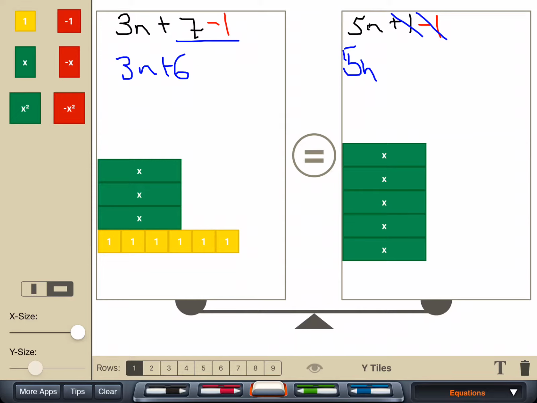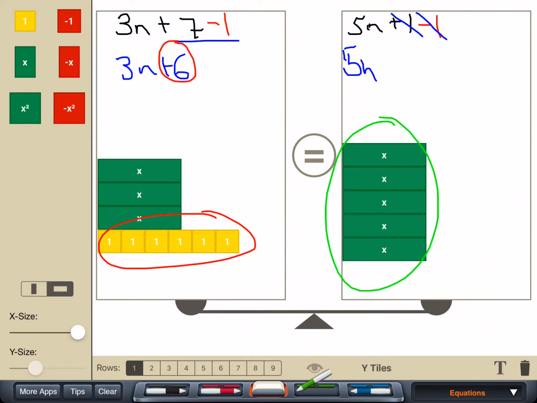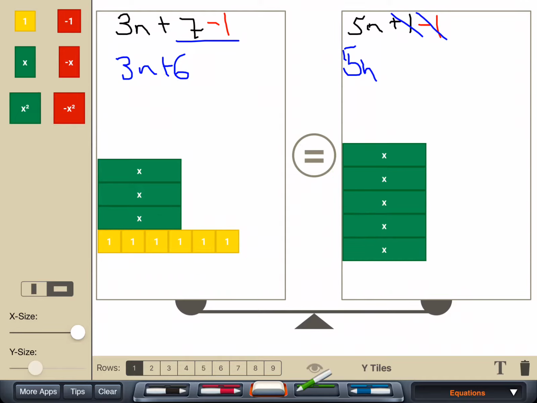Okay? Now, I have a numerical term on my left side, and it's represented by my 1's here. So I'm going to let that stay there, and I'm going to want to keep all of my variable terms on this side, which means I need to deal with 3n next. Just take away those marks.